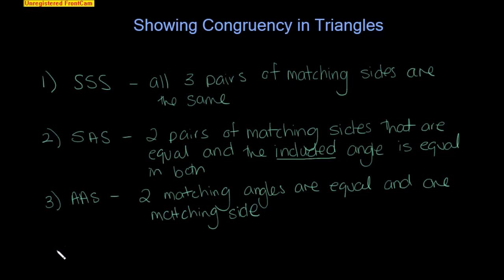Okay. And the fourth test is the right angle, hypotenuse, and side test. So we need a right angle in both triangles.